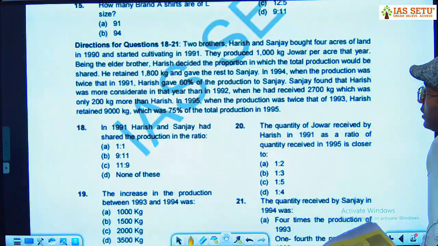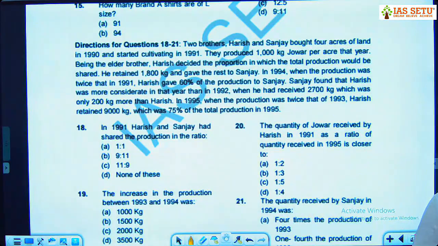4 questions. 2 brothers Harish and Sanjay bought 4 acres of land in 1990, started cultivating in 1991. They produced 1000 kgs of R per acre that year. Being the elder brother, Harish decided the proportion in which the total production would be shared. He retained 1800 kg and gave the rest to Sanjay. In 1994, when the production was twice that in 1991, Harish gave 60% of the production to Sanjay.